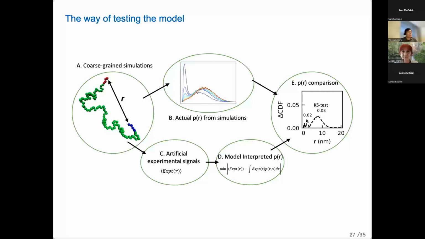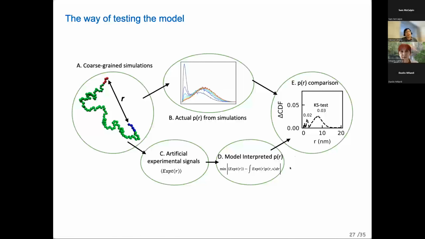We have a coarse-grained model and simulations with those P of R. We can use those simulations as a reference and generate artificial experimental signals by quickly calculating the averaged experimental behavior using all these distances. Then we can minimize the difference between the experimental signal and the model-interpreted signal. By minimizing them, we can determine the fraction of transient interactions and also the polymer scaling exponent.